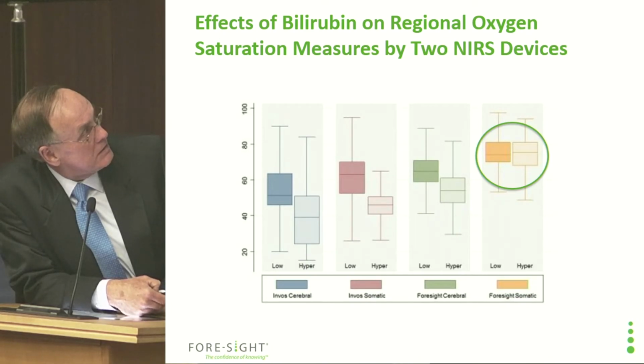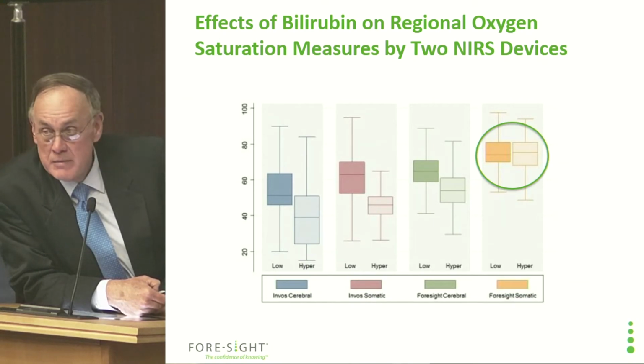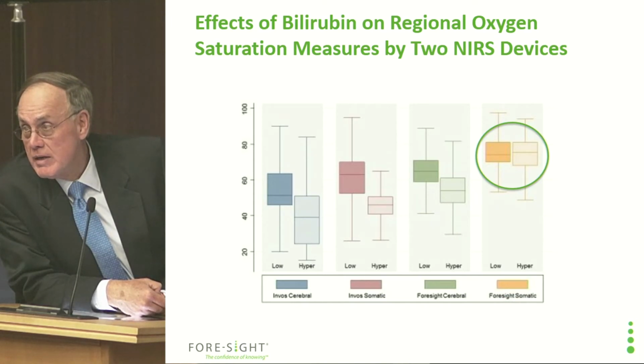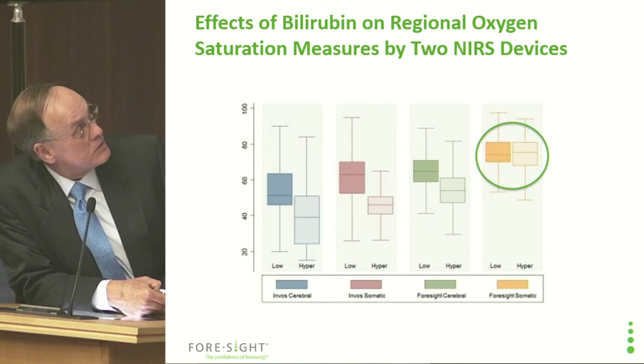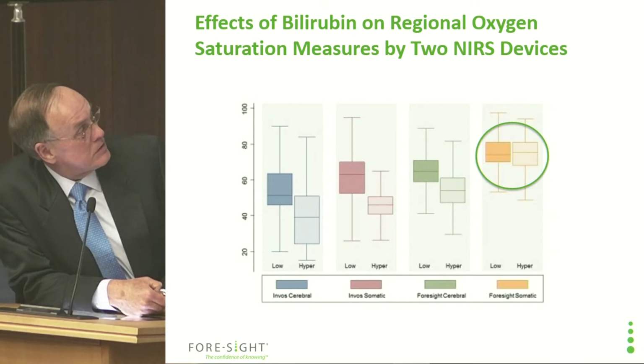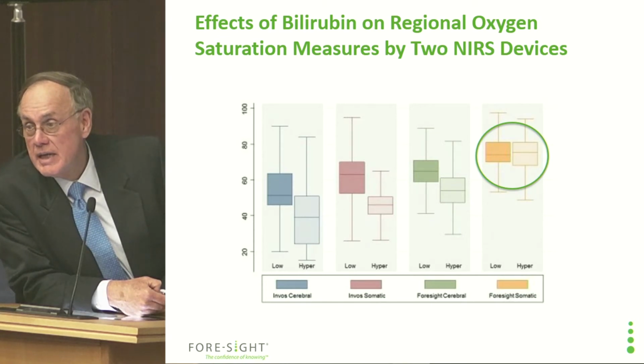Here with Foresight, we had the same issue. So we took our algorithm, our computer program, and readjusted it so that it would compensate for the bilirubin. And here's what you get. So again, patients that were normal versus patients with high bilirubin had the same readings. The Foresight is able to eliminate the errors caused by bilirubin.